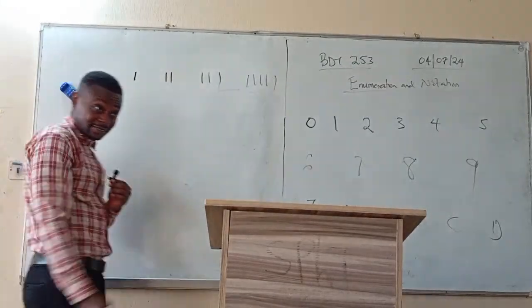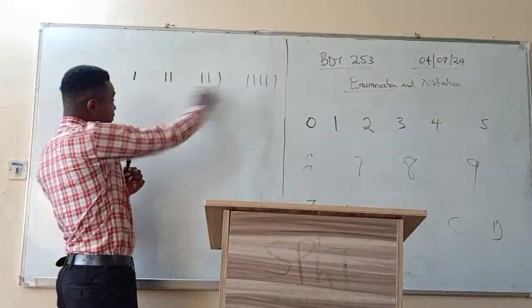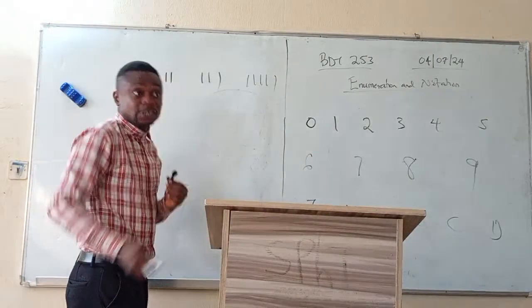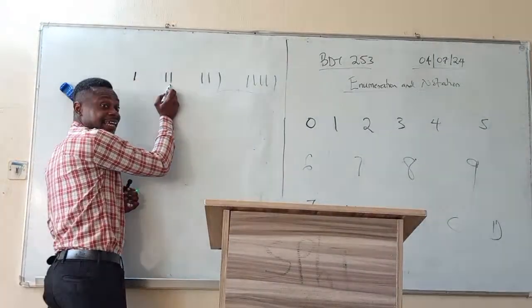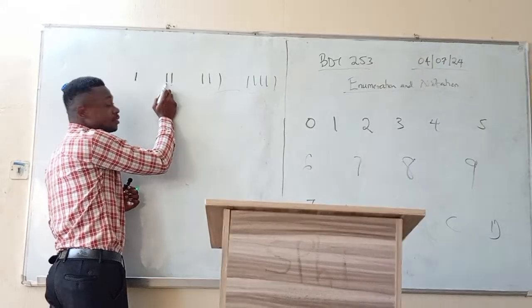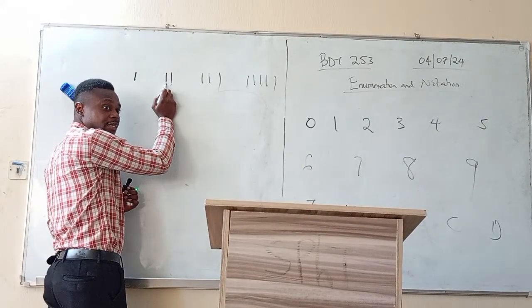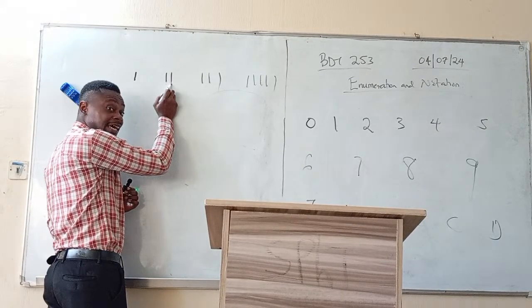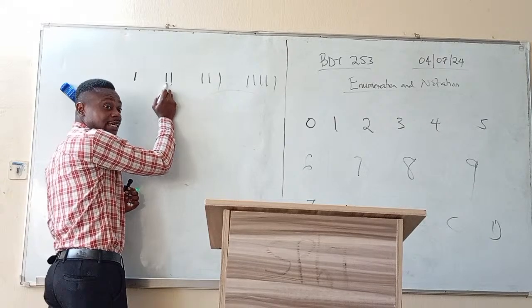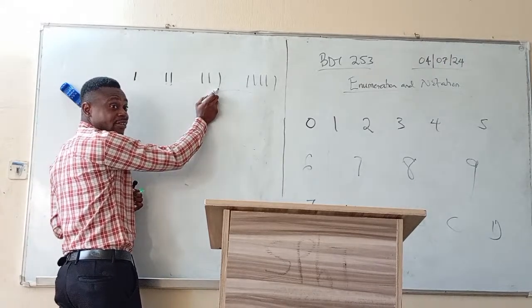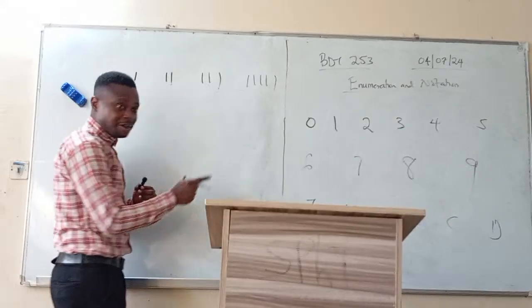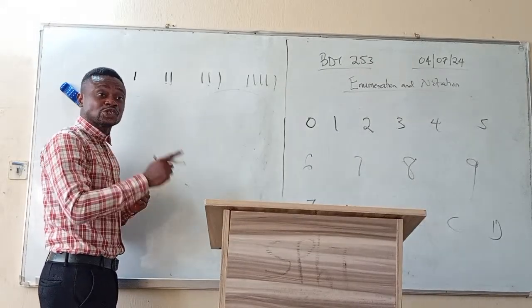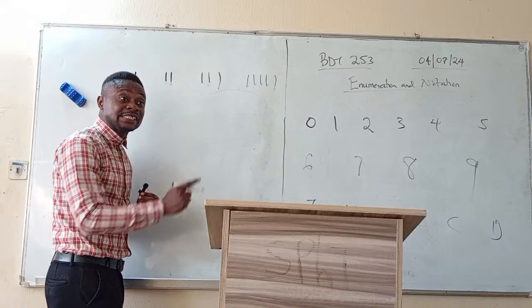The same one. Face value, the same thing, is 1. But place value here, this one here is not the same as this one here. The value of this one is not the same value as this one. Have you now seen that if you want to count, enumerate, you must know about place value?